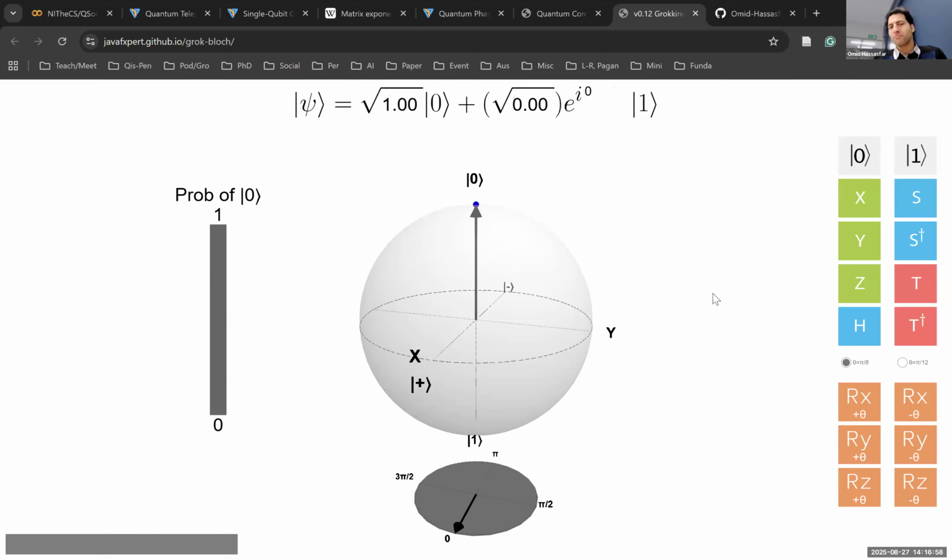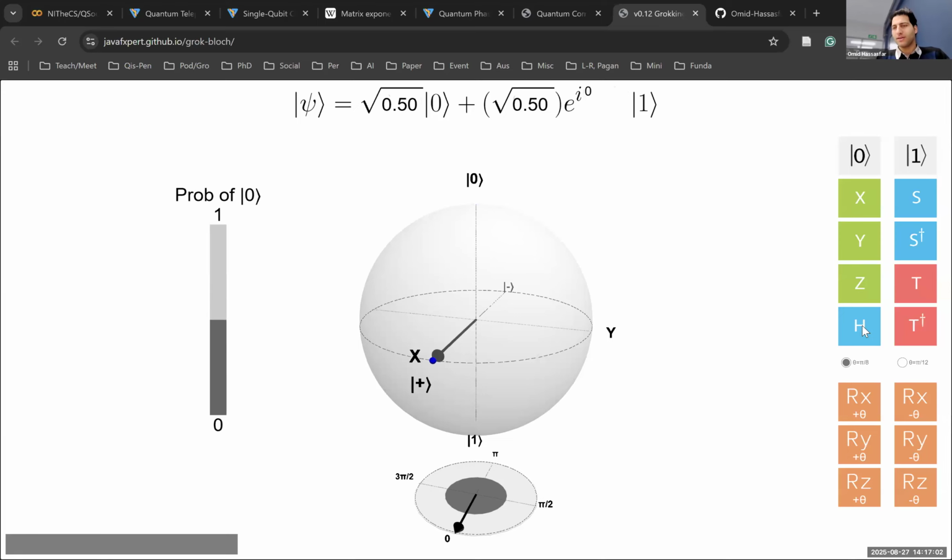Our qubit is in the state 0. If you, for example, apply H, it goes to the plus state. When you apply Z, it goes to the minus state. If you apply H again, and then S, it's going to be in the Y state probably. Then we have S dagger here as well. So remember, the gates that we use in quantum computing are unitary operators.